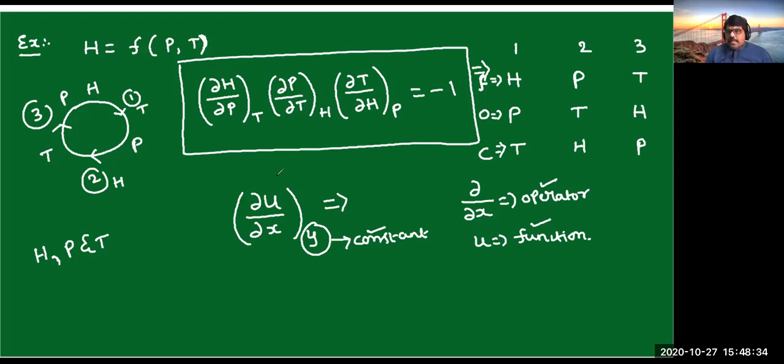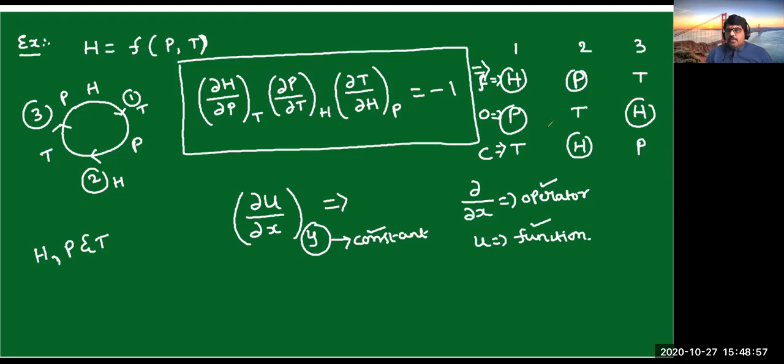Now what I am saying is, in the correct representation of cyclic rule, each variable acts as operator, constant, and function at once. You see here, enthalpy is a function, enthalpy is a constant, enthalpy is operator. And pressure is operator, pressure is function, pressure is constant.